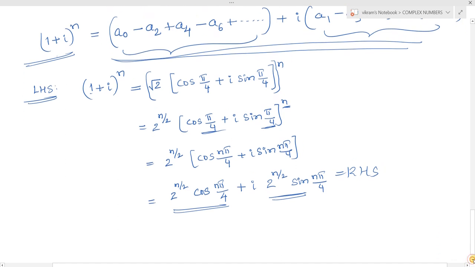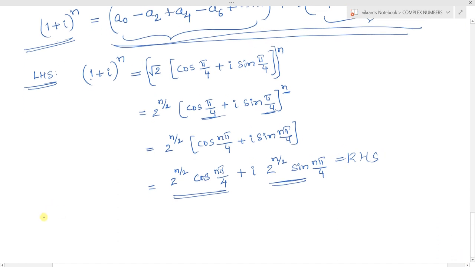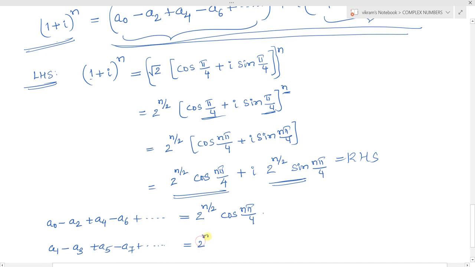So in summary, a0 minus a2 plus a4 minus a6 and so on equals 2 power n by 2 cos n pi by 4, and a1 minus a3 plus a5 minus a7 and so on equals 2 power n by 2 sine n pi by 4.